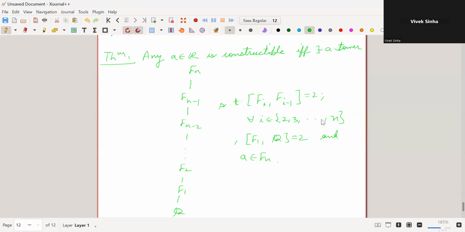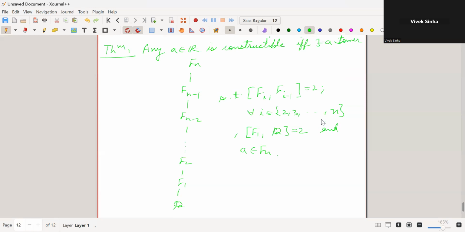So if you have such a tower of fields, then it's an if and only if statement: only then is this a constructible or not.